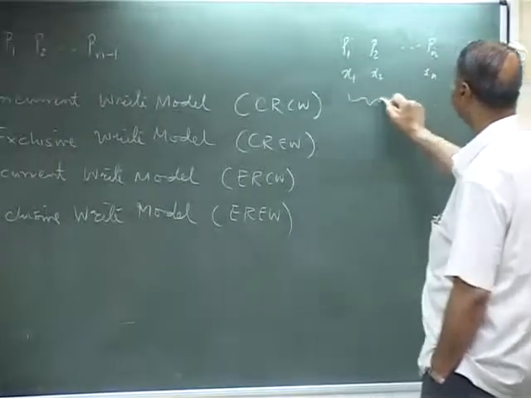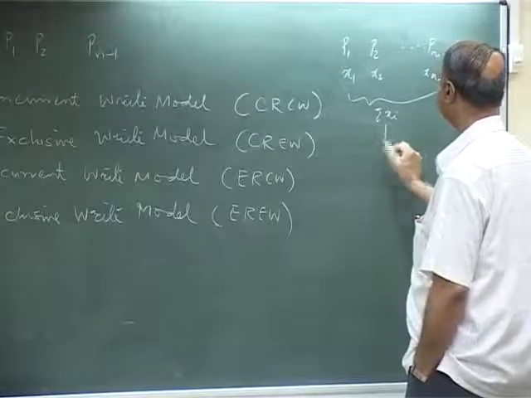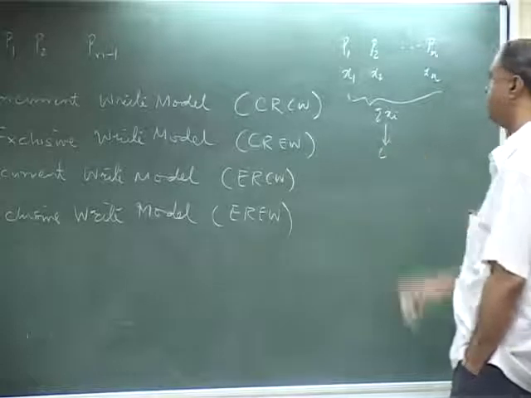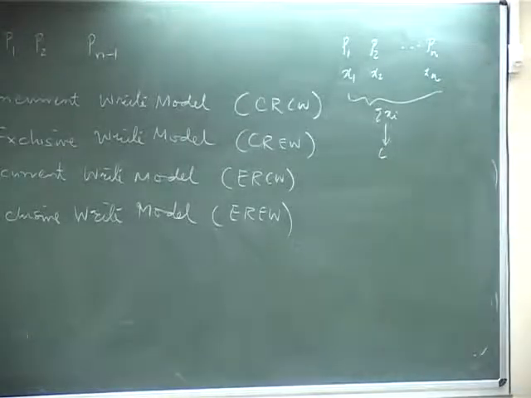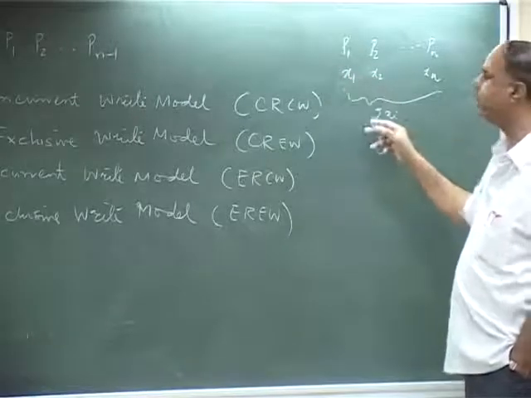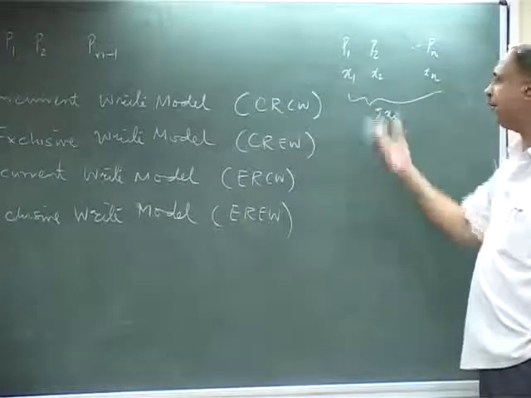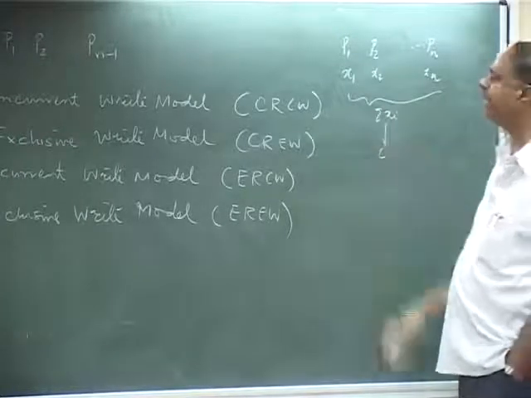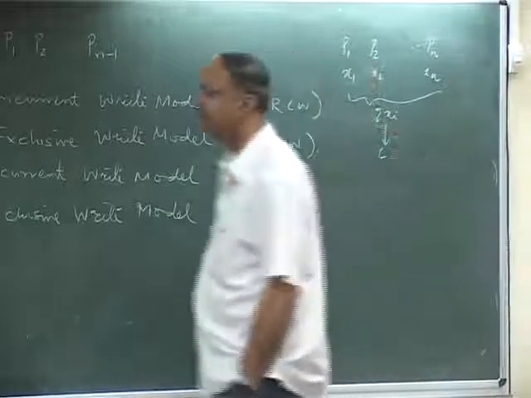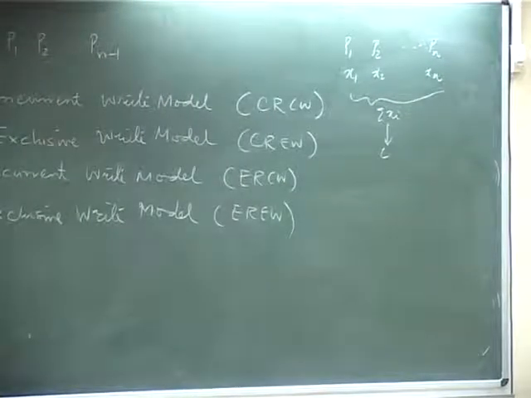One possible thing is that you take the sum of Xi and write it into the location. Another way could be that the processor with the smallest index is allowed, or randomly one of them is allowed to write, or you can define it in any other way so that you can handle the problem of concurrent write.